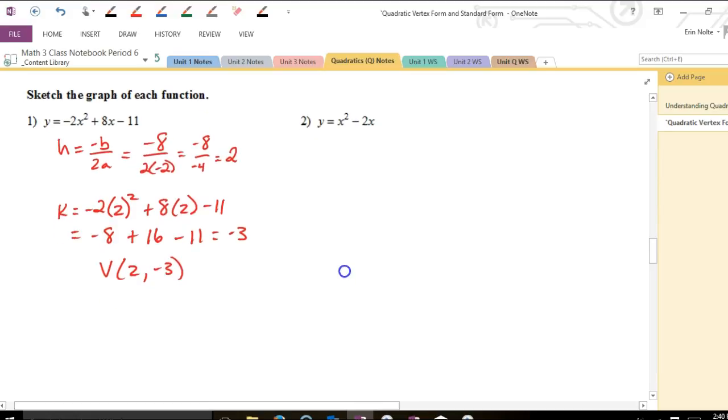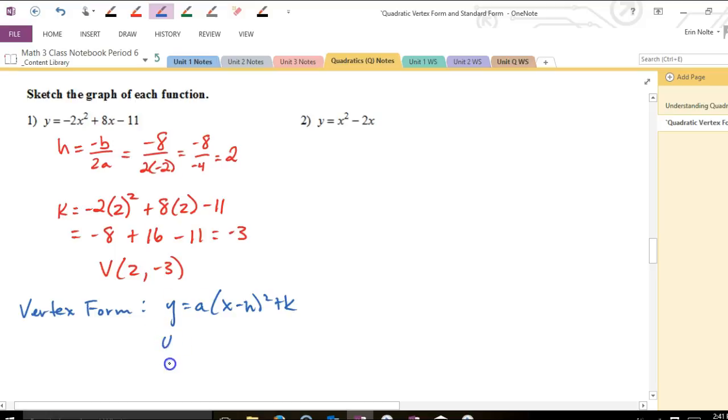Okay. So I'm going to add a quick little detail. I know it's not asking me to do this, but I'm going to do this so that I can cover one or two different questions with one example. What's the equation for my vertex form? Remember vertex form goes y equals a times the quantity x minus h squared plus k. If I have the vertex, how's my equation going to go? y equals a.